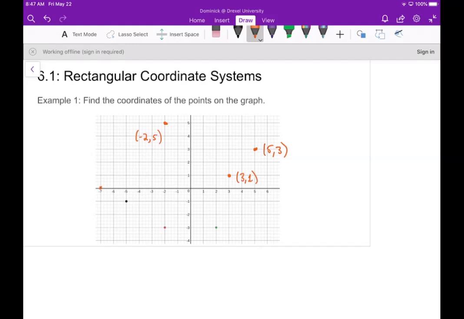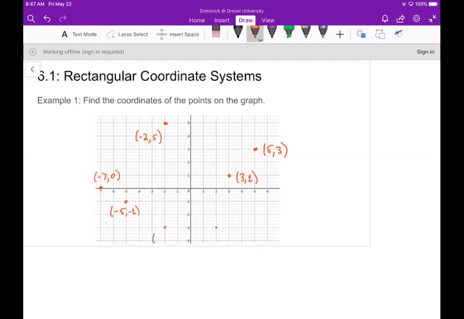Now this -7 right here is not off the x-axis, right? So we didn't move up or down. We still moved to the left by 7, so we have a -7 there, but we didn't move up or down, so we're going to put a 0 there. Then similarly, we could say this point is -5, -1.